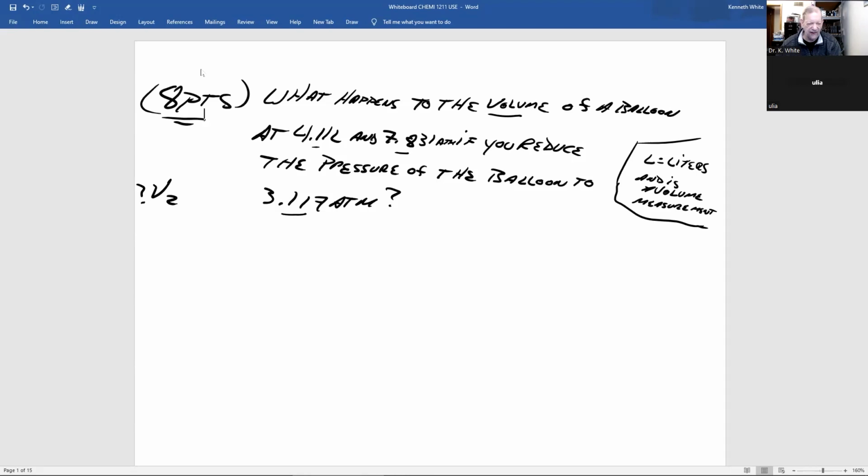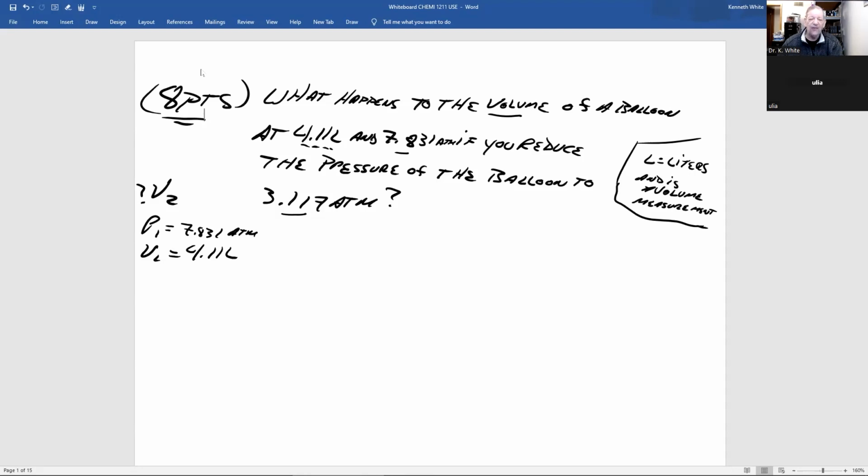What are we given? The initial pressure, P1, 7.831 atmospheres. The initial volume, V1, that's where we started out, is 4.11 liters.